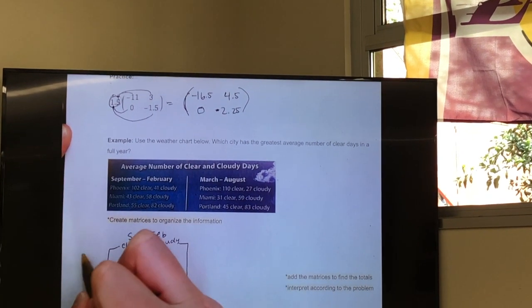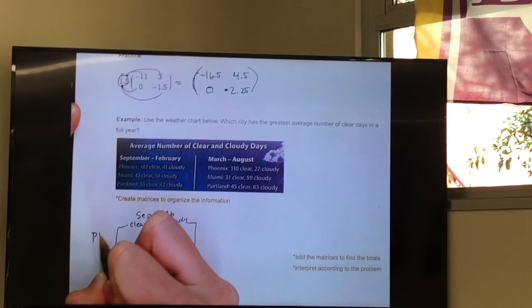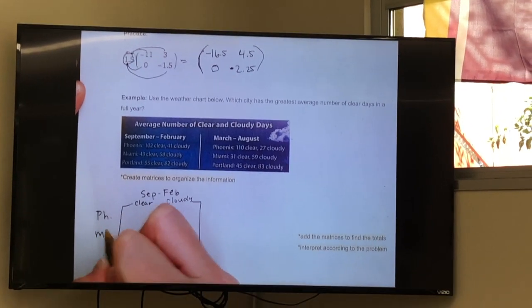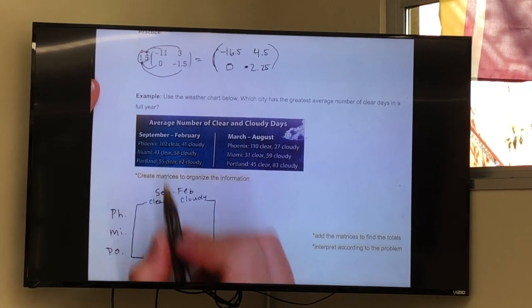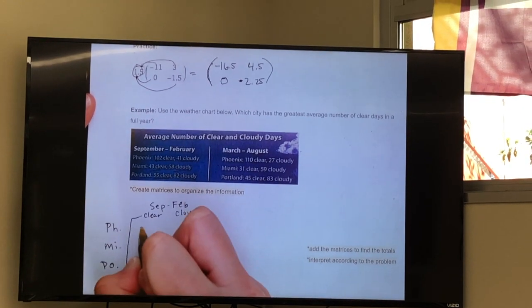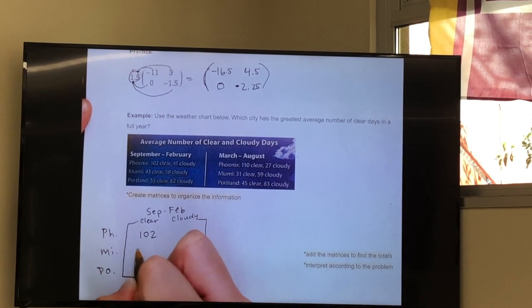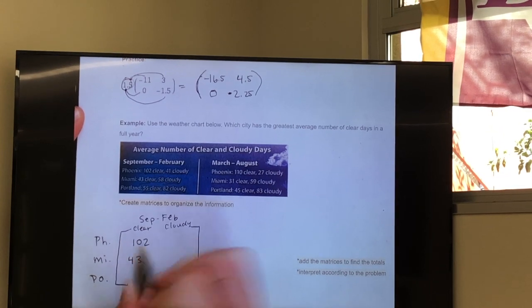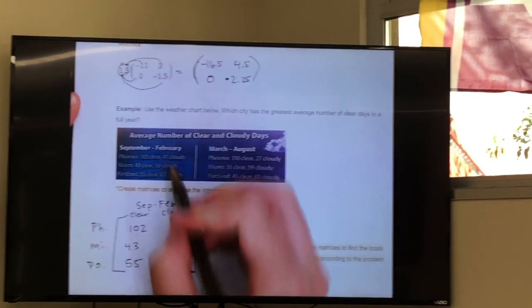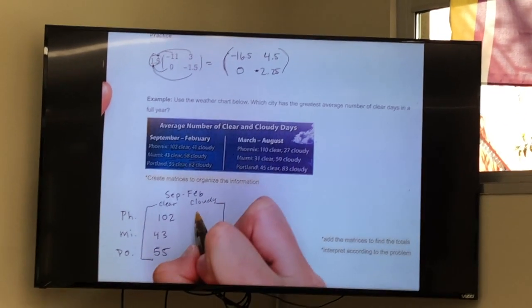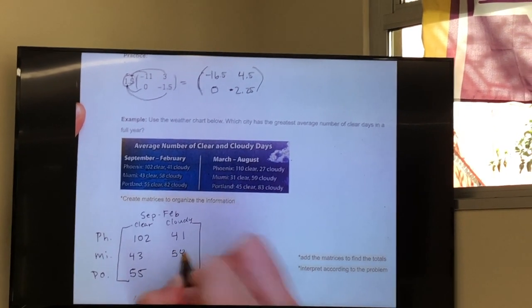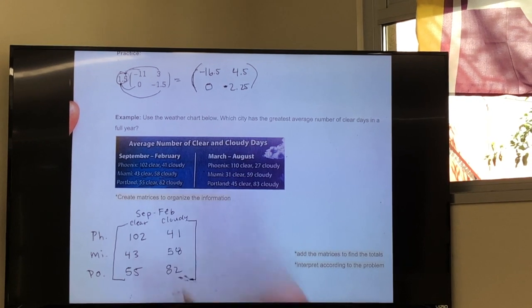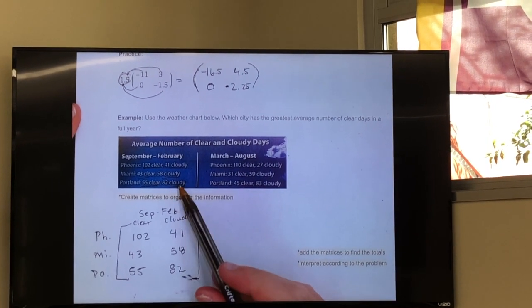And then we have Phoenix, Miami, and Portland. Then all you do is plug in the numbers. Phoenix and clear is 102, Miami and clear is 43, and Portland and clear is 55, just as it looks in the table. Phoenix and cloudy is 41, Miami and cloudy is 58, and Portland and cloudy is 82. Again, it looks just as it does in the table.